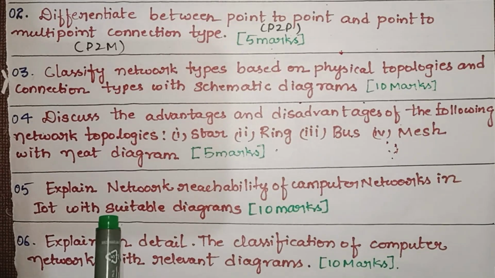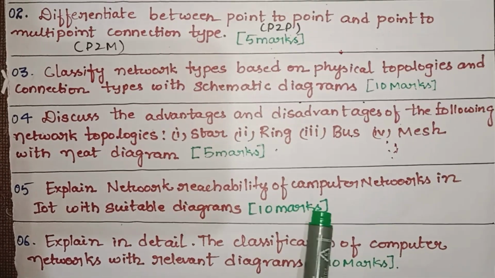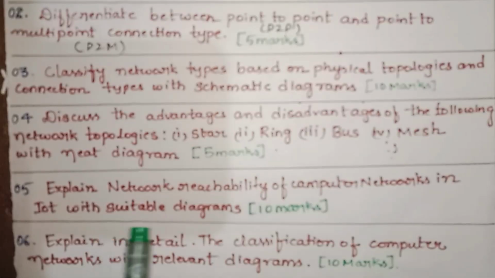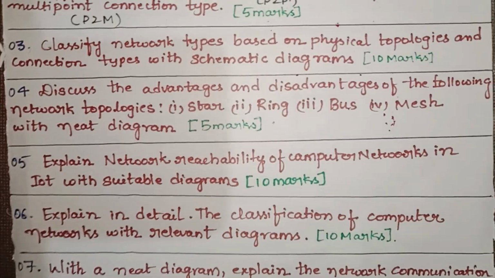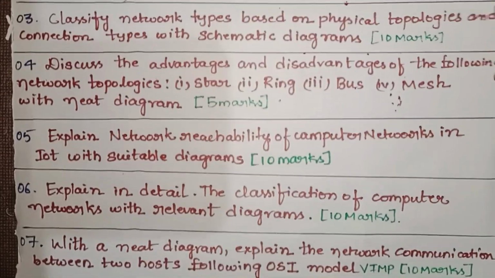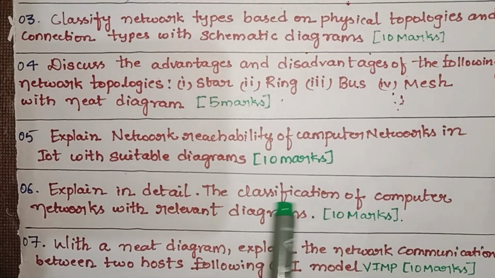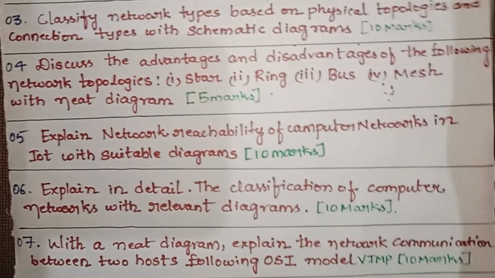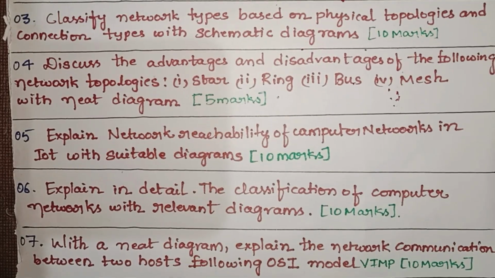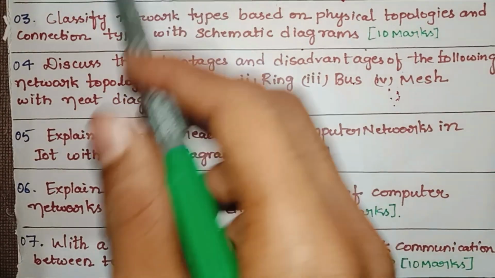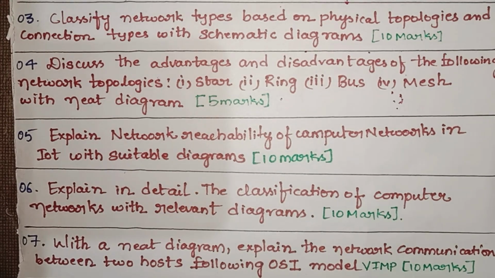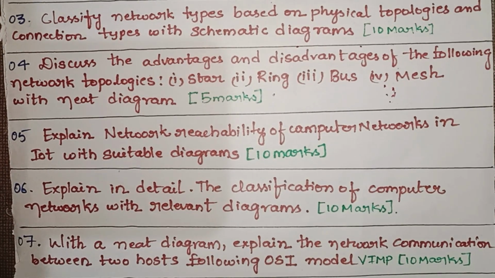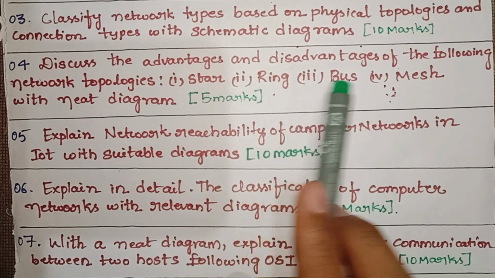And the next question is, explain network reachability of computer networks in IoT with suitable diagrams. And next, explain in detail the classification of computer networks with relevant diagrams. Here you need to club all these questions, and you have to explain point to point and point to multi-point connection and physical topology like star, bus, mesh and ring.